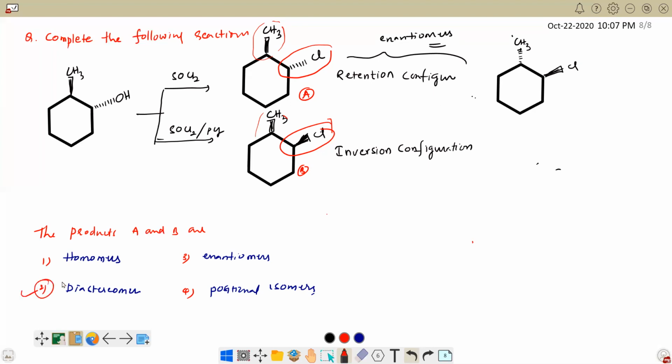How you can get the answer: this is a chiral carbon, this is a chiral carbon, right? One chiral position, that means one chiral configuration, is the same, but the configurations at the other chiral centers are different.